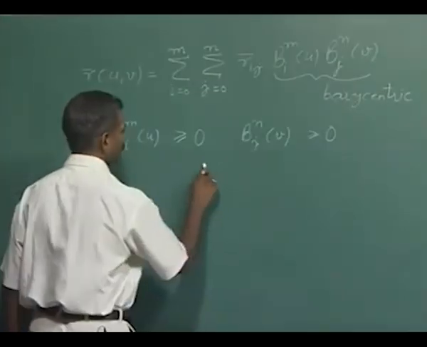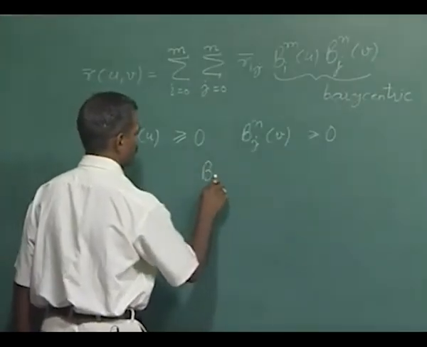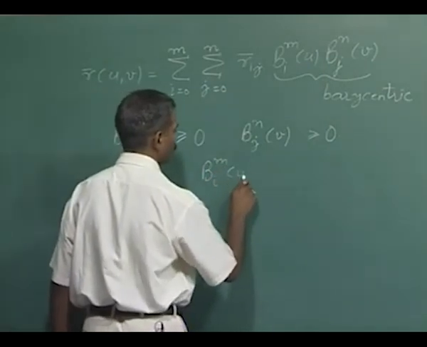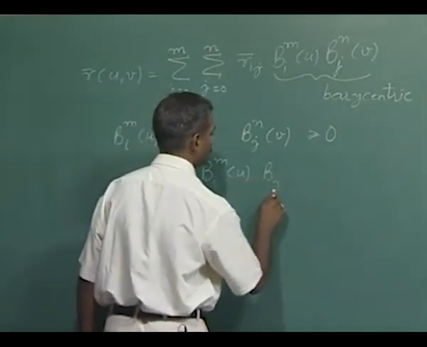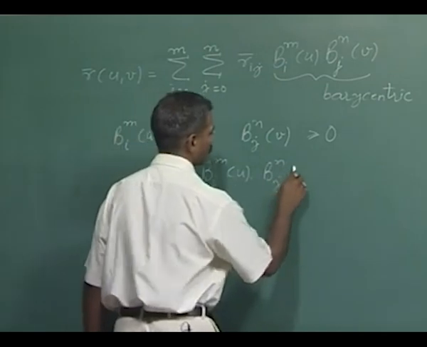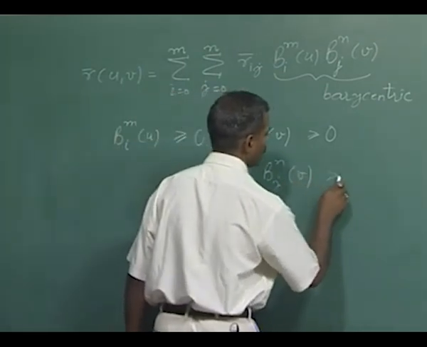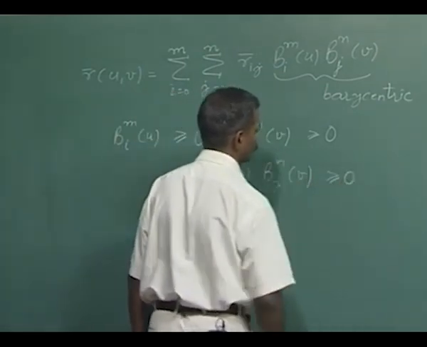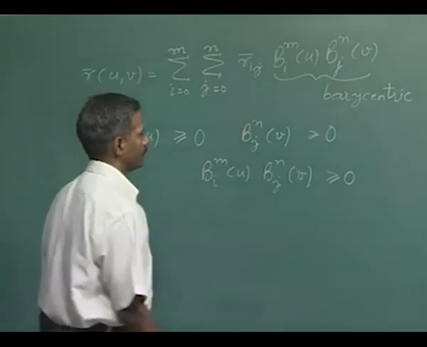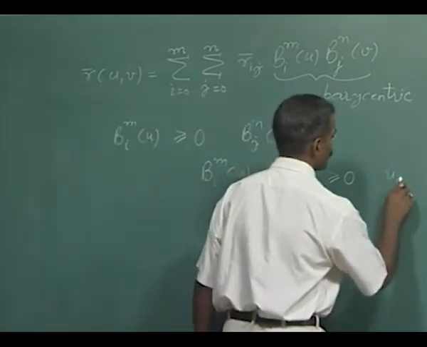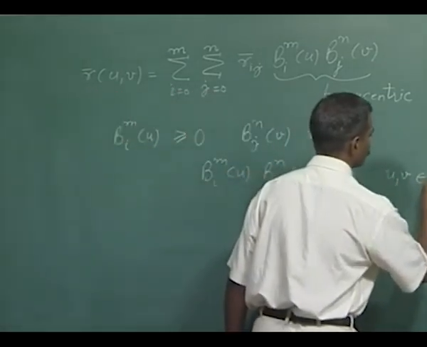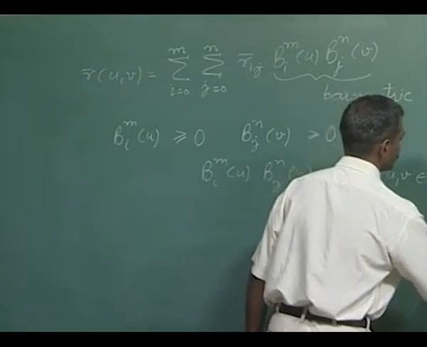Clearly, the product B i m of u times B j n of v will be greater than or equal to 0. This is for u and v both belonging to the interval 0, 1.